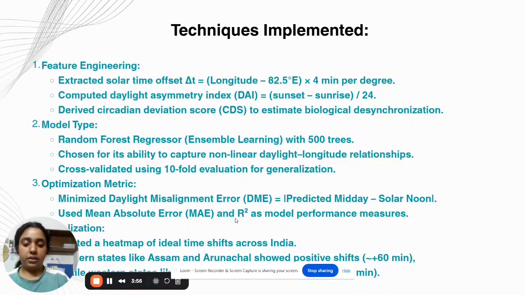It was trained on public domain energy datasets and iteratively fine tuned to minimize mean absolute error between observed and simulated energy usage curves. Through this hybrid design, the model does not just simulate time shifts, it learns how energy consumption behavior responds to them across geographies.